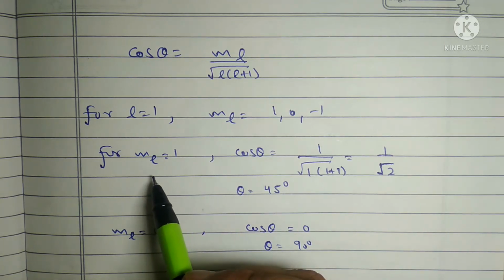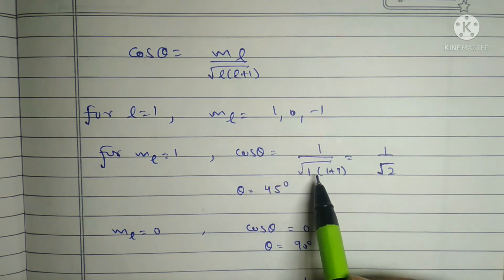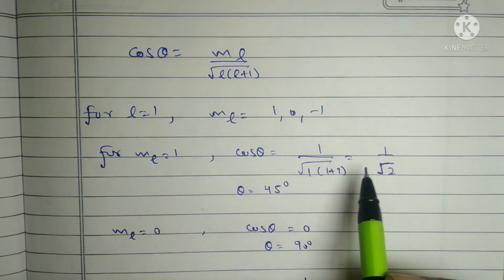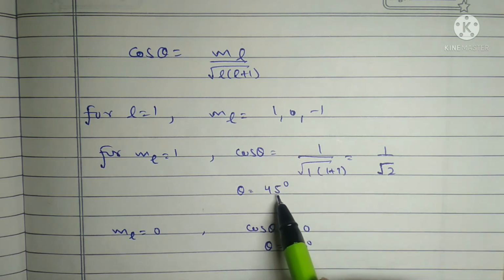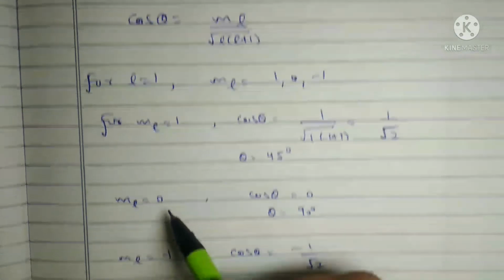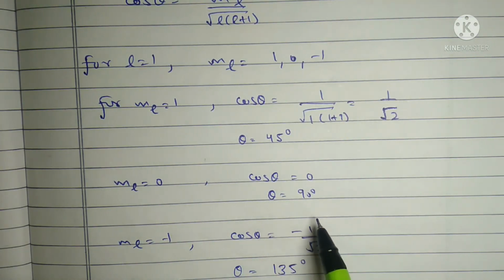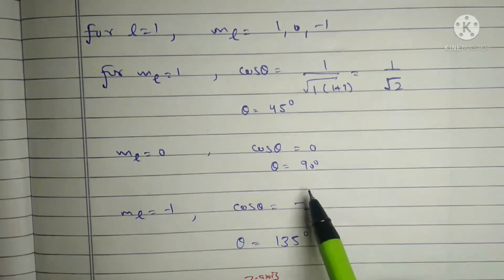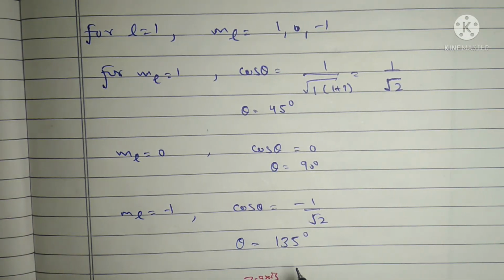First case, for ml equal to 1, cos theta is equal to 1 upon root 1 into 1 plus 1, which is 1 upon root 2. So theta is equal to 45 degrees. Similarly, for ml equal to 0, theta is equal to 90 degrees. And when ml is equal to minus 1, theta is equal to 135 degrees.